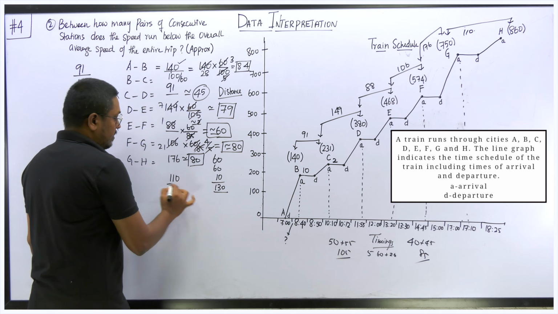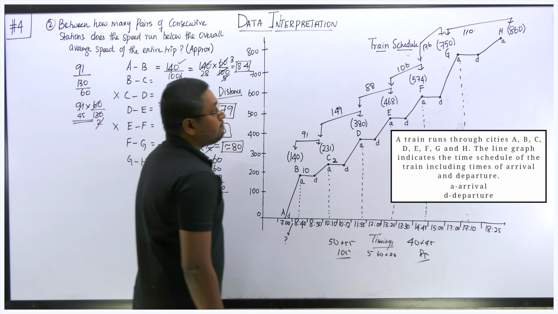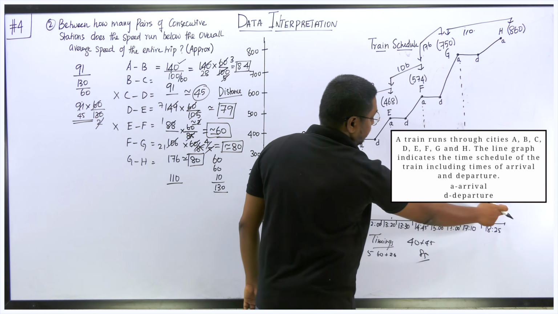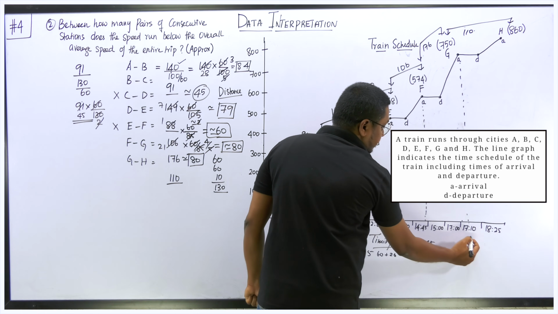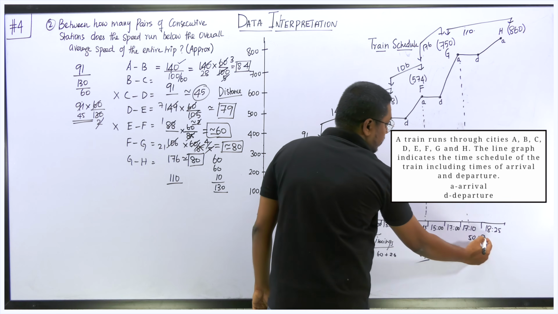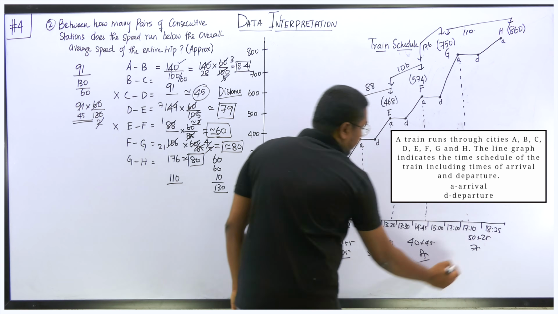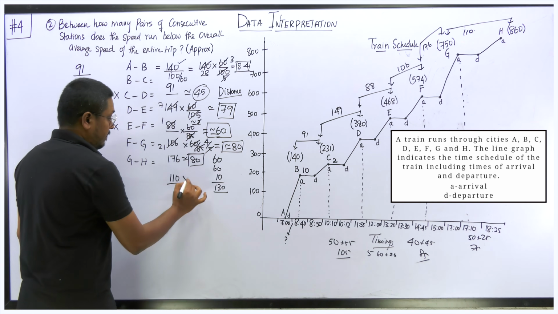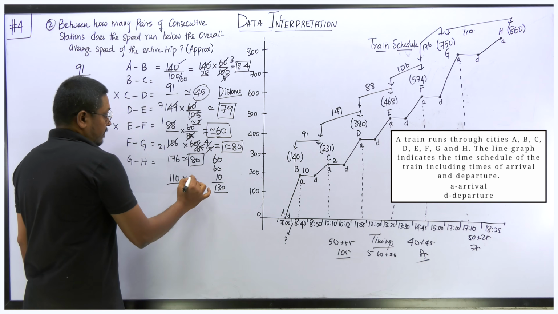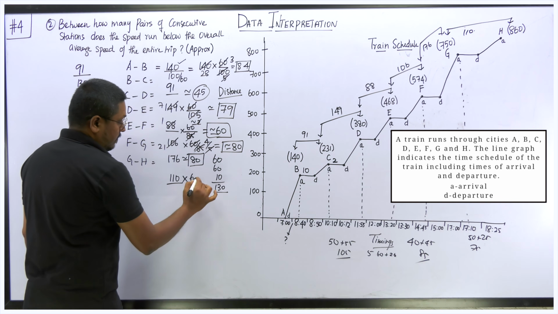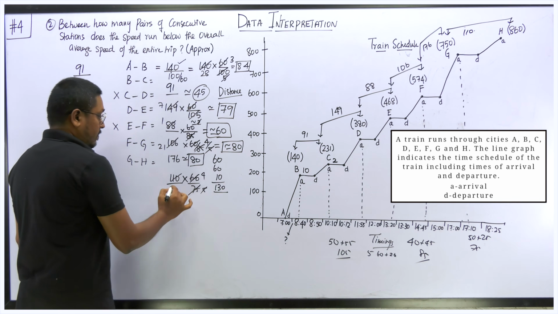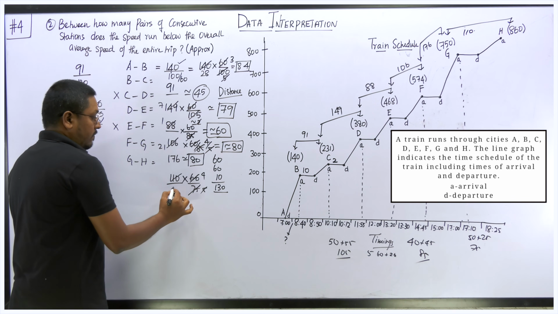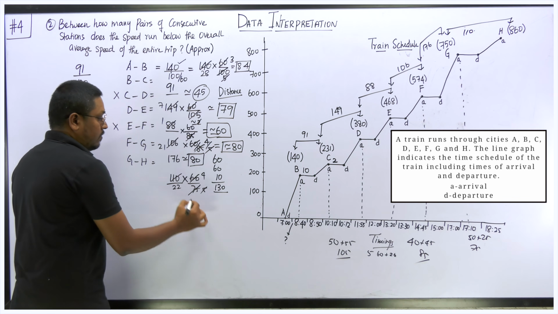So 80 something. So next will be 110. This will be 50 minutes, 18, 25, 75. 5 2s are 10, 1, 5 2s are 10, 4 2s are 88.